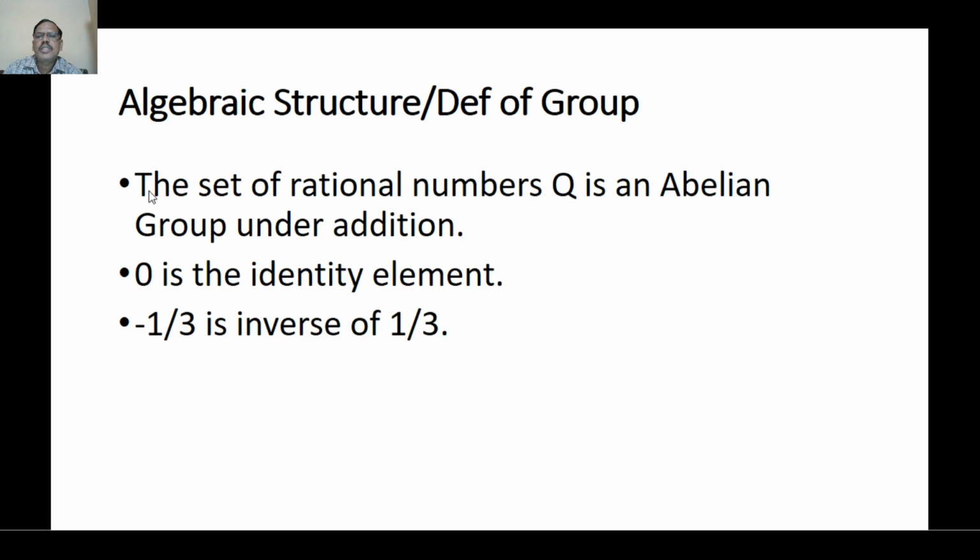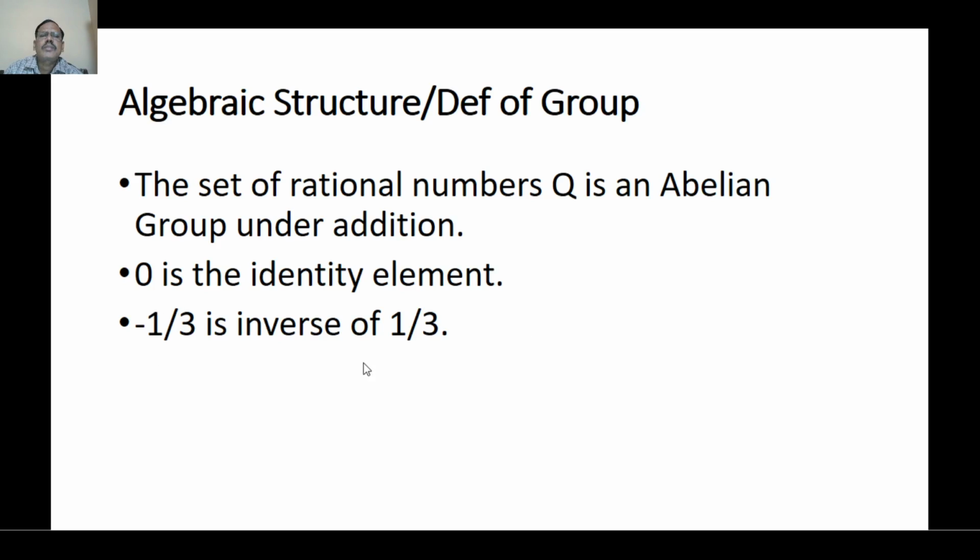One more set is the set of all rational numbers Q, which is an abelian group under addition. It includes all fractions and integers. And here also 0 acts as the identity element, and it satisfies closure, associative, identity. And here minus 1 by 3 acts as the inverse of 1 by 3, and minus 2 by 3 acts as the inverse of 2 by 3, like that.